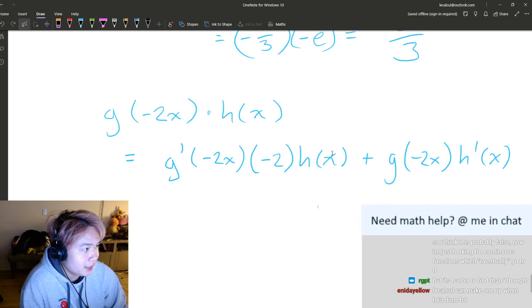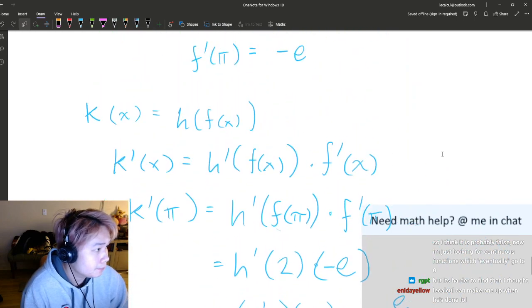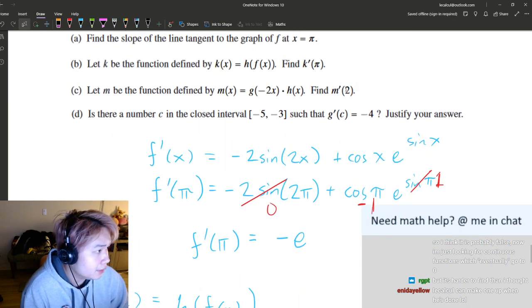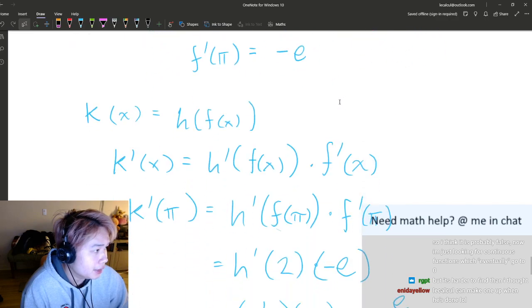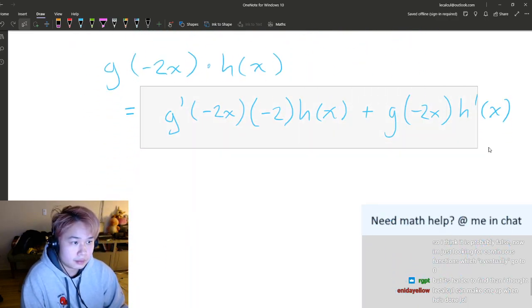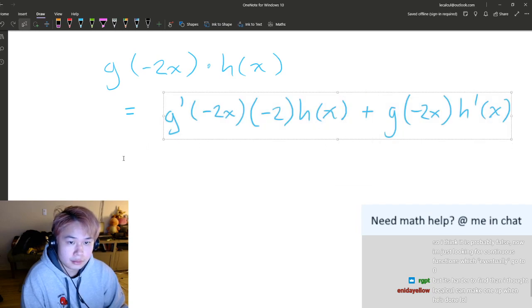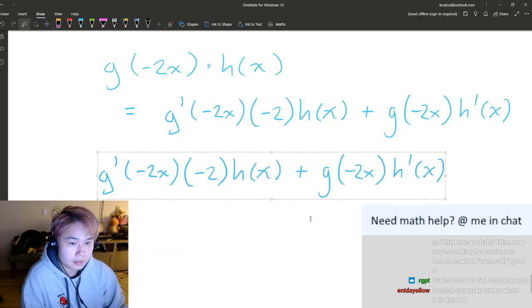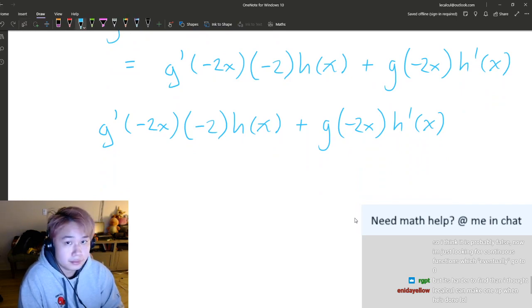And then you multiply by h. Then you take g, multiply by the derivative of h, which is h prime. And then I want to find m prime of 2. So I just plug in 2 into all of these places.